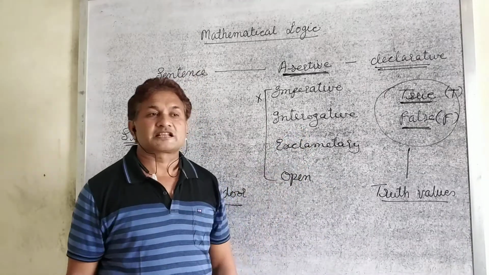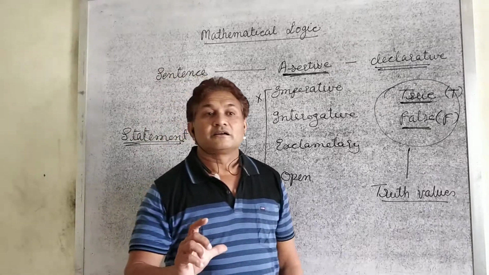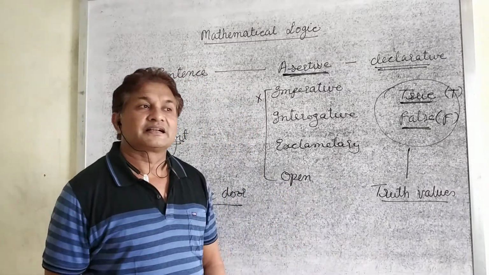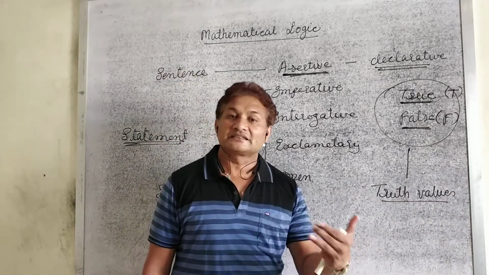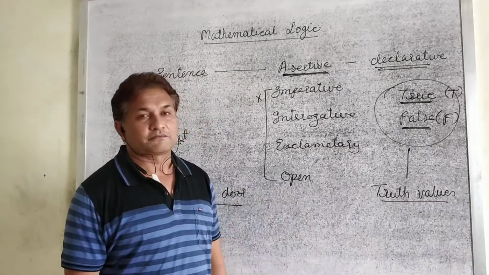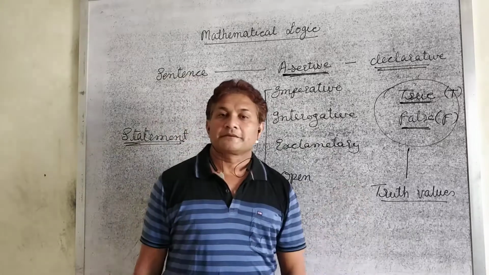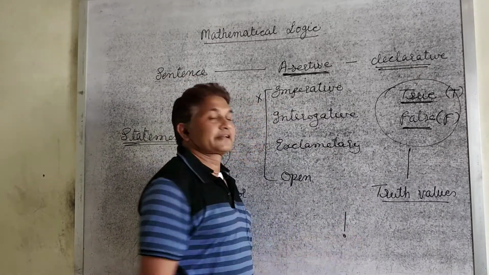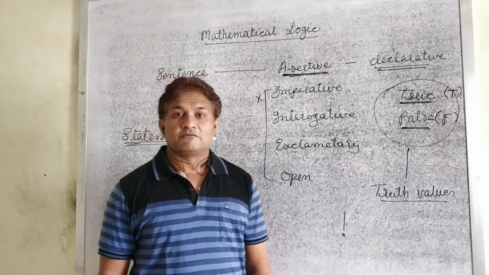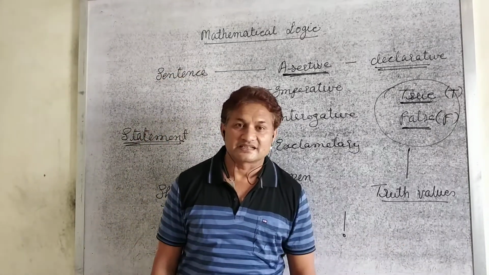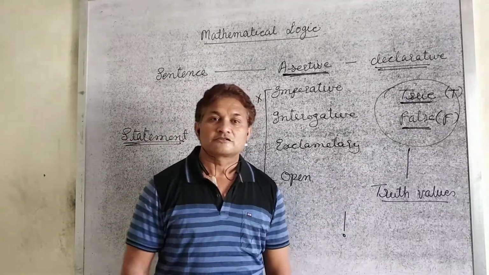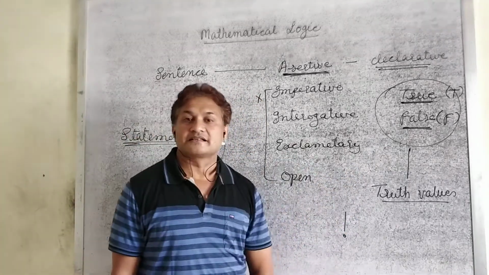Again, when there is a question mark, we cannot say properly whether it is true or false. What is exclamatory? Exclamatory means the sentence where there is an exclamation sign. Wow, what a beautiful sight it is. How intelligent he is. So these are exclamatory sentences.